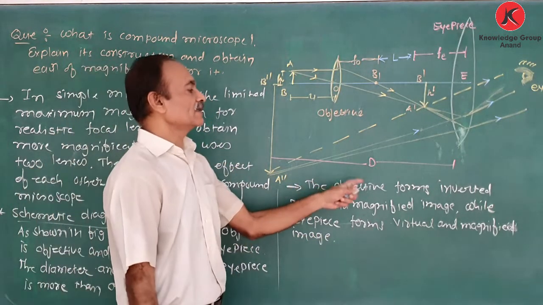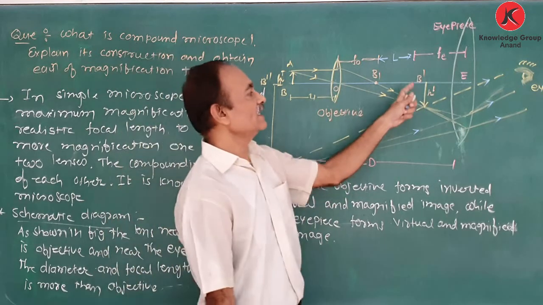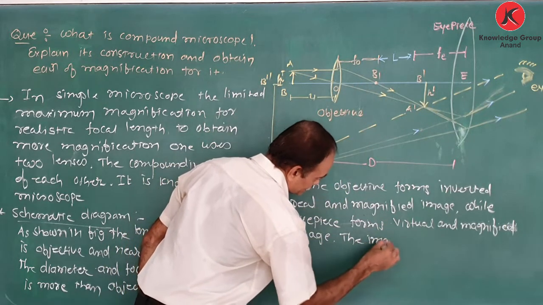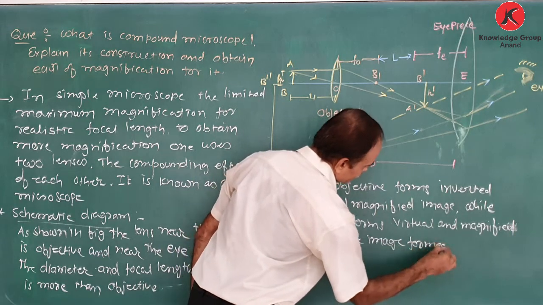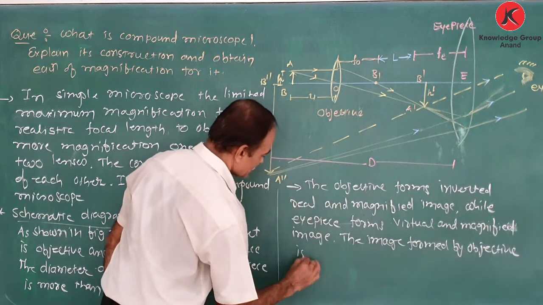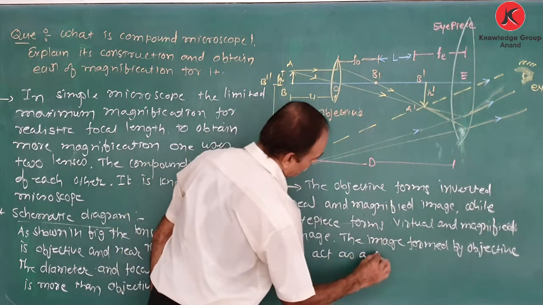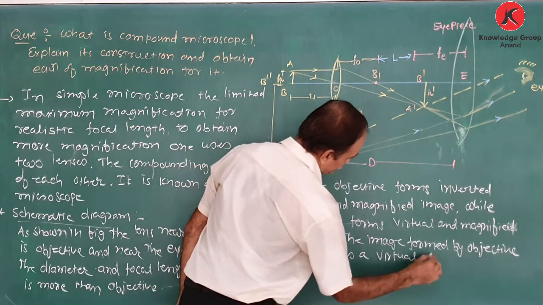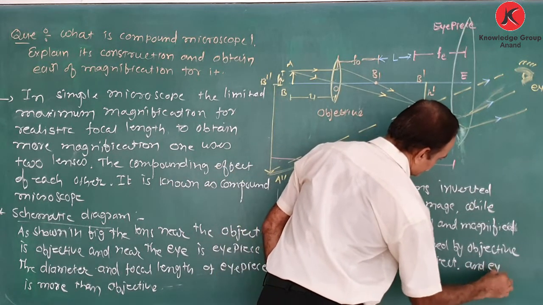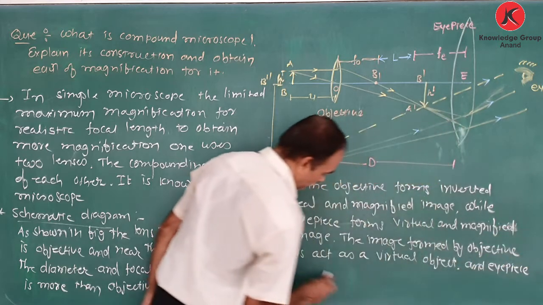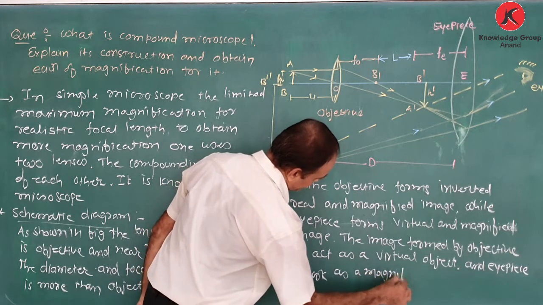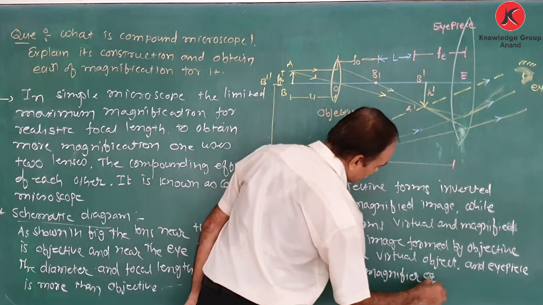The image formed by the objective acts as a virtual object for the eyepiece, and the eyepiece works as a magnifier or simple microscope.